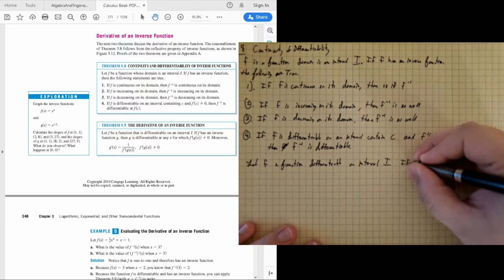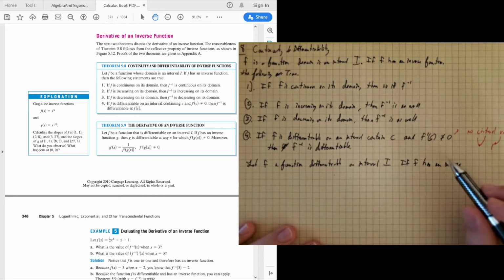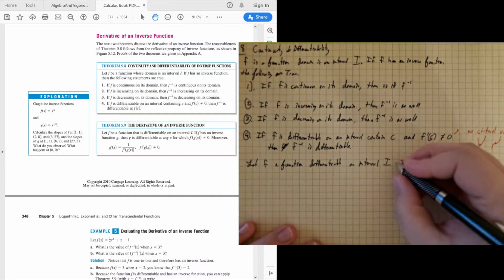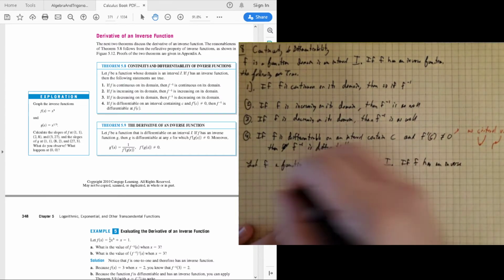If f has an inverse. Notice again, it's bringing up Theorem 5.7 here, because we have to show it has an inverse first before we can use Theorem 5.9. Inverse, we're going to call it g.